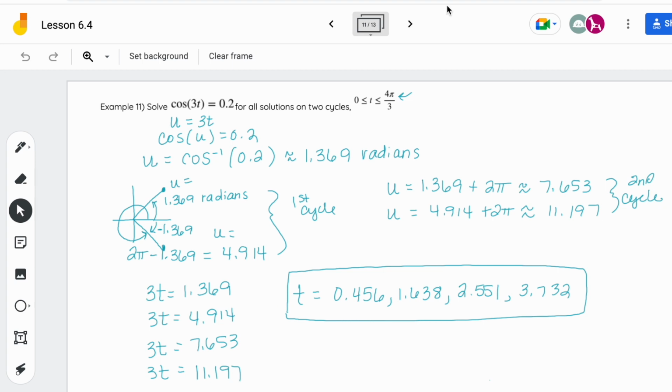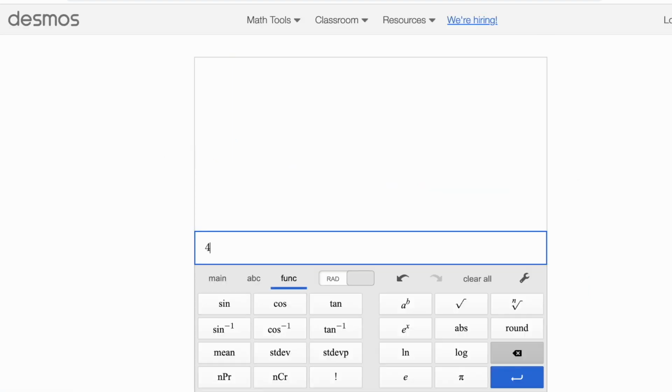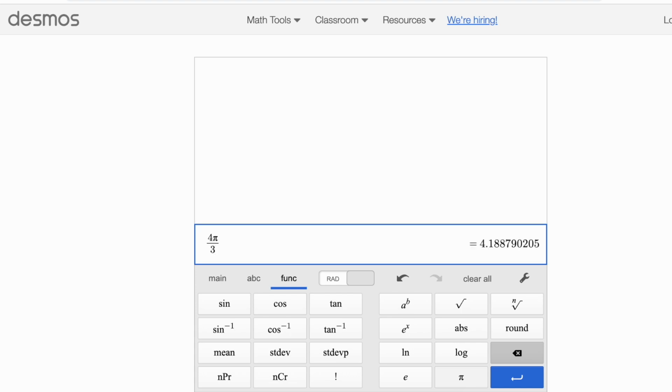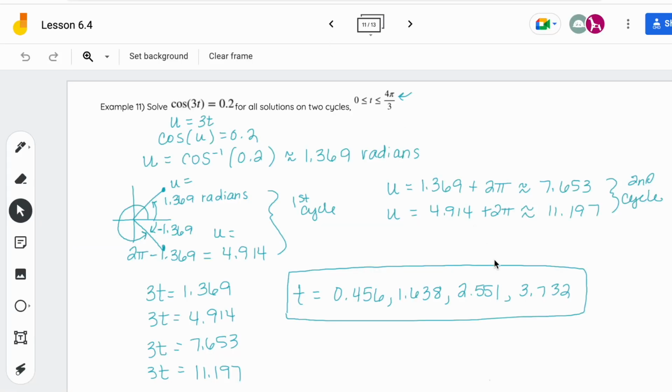I also could double check that 4 pi over 3 is 4.188 radians. Our largest value does not go over that, so we have 4 solutions in 2 cycles.